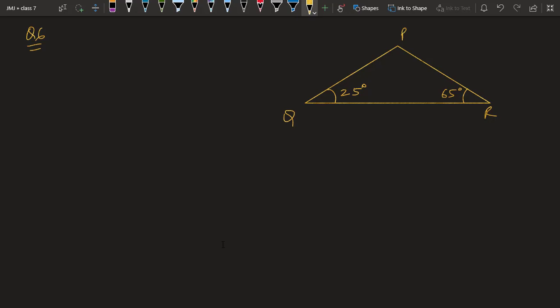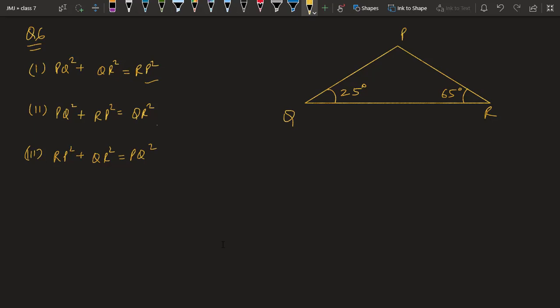So there are three parts given to us. First part saying PQ square plus QR square is equal to RP square. Second, PQ square plus RP square is equal to QR square. And third, RP square plus QR square is equal to PQ square. So we have to check which amongst these relation is true and which are false.